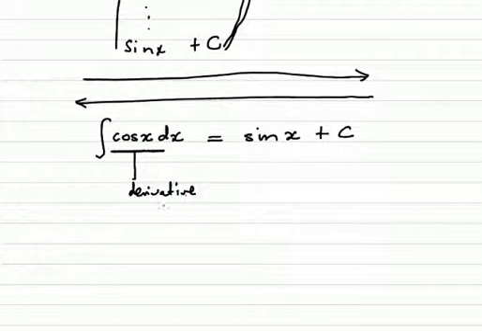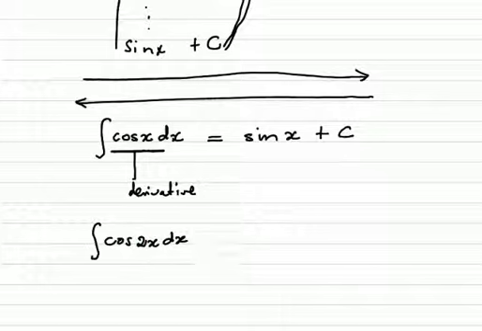But it's not true that things are always going to be given in such an easy way that you can clearly see what your answer for the integral is. For example, let's say I had a function like cos 2x dx.